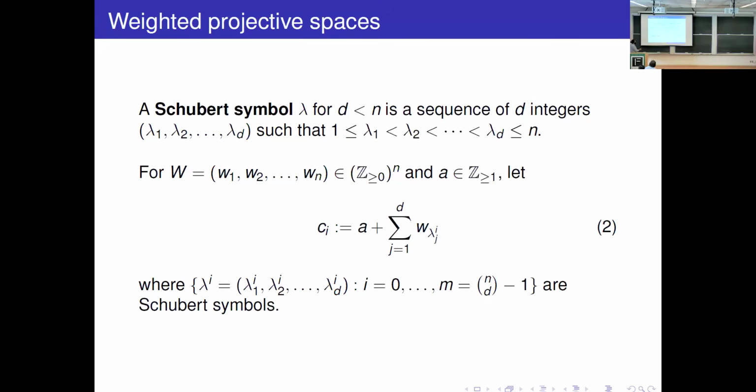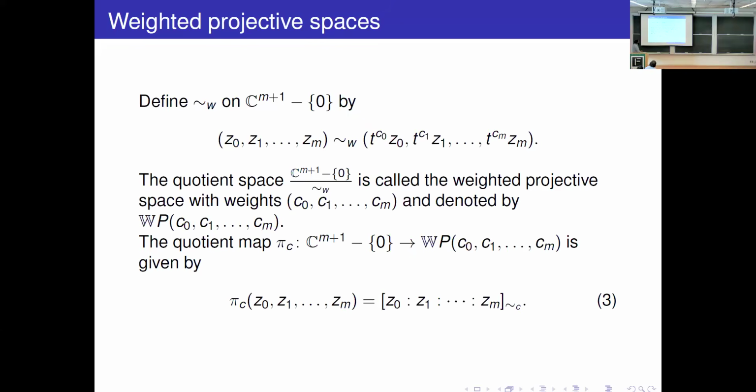Okay, so for this Schubert symbol, what can we define? Given this weight, we can define some other positive integers, which we call Ci. Then we can define an equivalence relation on this set. If we forget the 0, we know this definition from long back, and it gives the weighted projective spaces of Kawasaki, with weights C0, C1, ..., Cm.